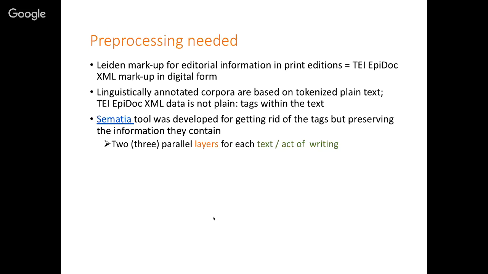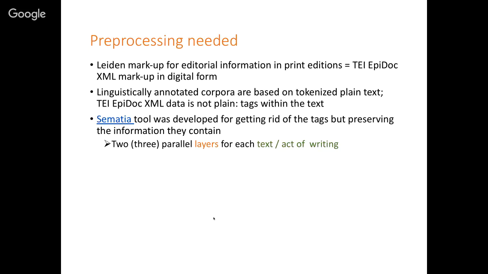And this has the consequence that the tool creates two parallel layers for each text, or in fact each act of writing, because we divide the text chunks by the change of handwriting, so the hand shift element, because we also want to get down to the different writers of different texts.